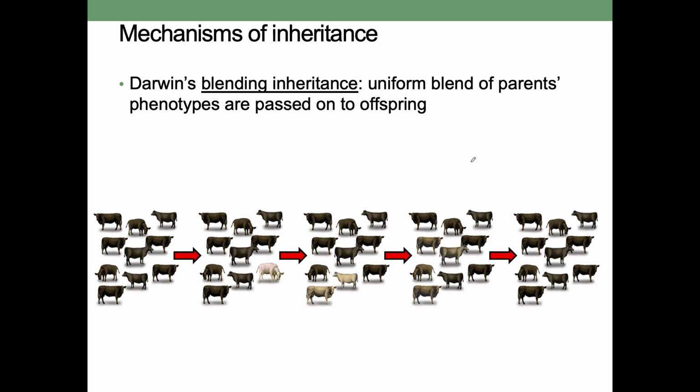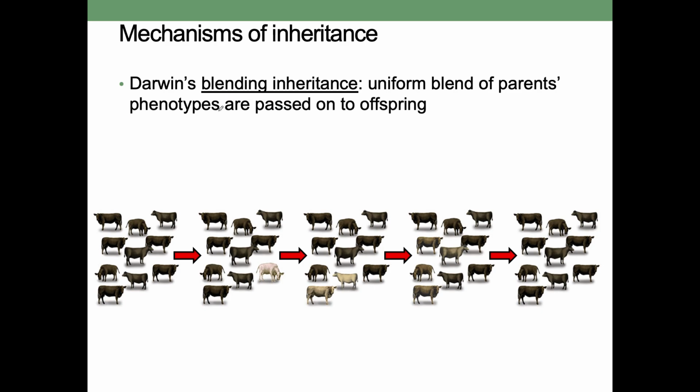And Charles Darwin thought that traits were passed on through a sort of uniform blend of what their parents had. And so this is the idea of blending inheritance, that there's a uniform blend of the parents' phenotypes, right? The phenotype being the physical expression of the underlying genes that are passed on to offspring.